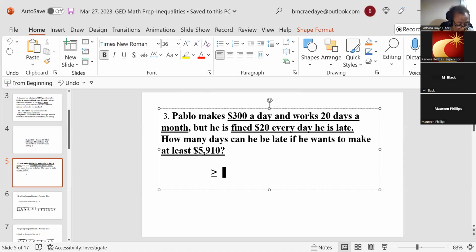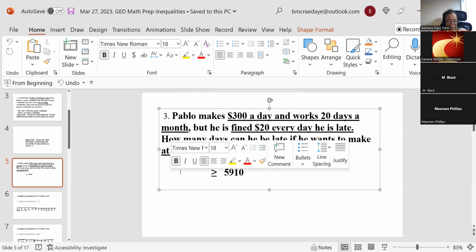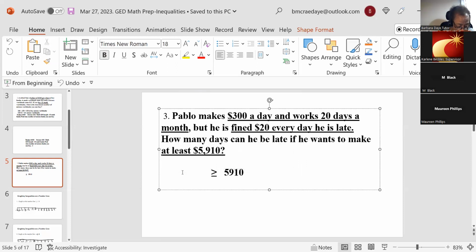So that will go after that, right? Now, what goes in front of it? How much he made: the 300 multiplied by 20. That's right. You get 6,000.